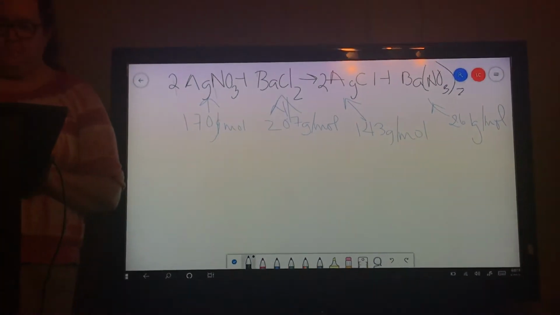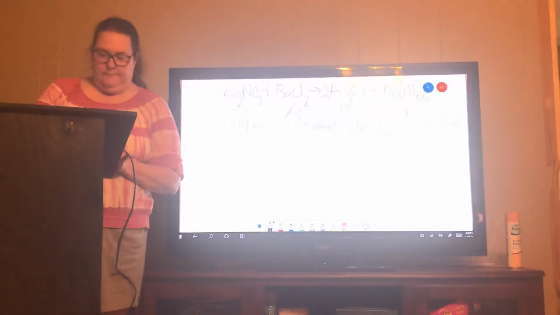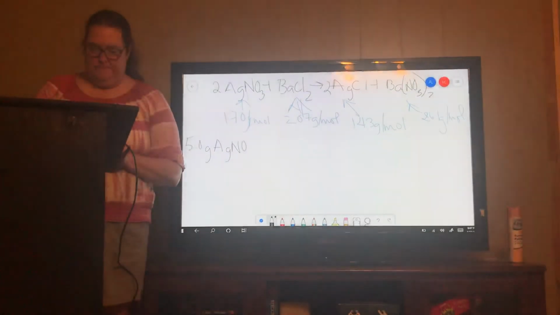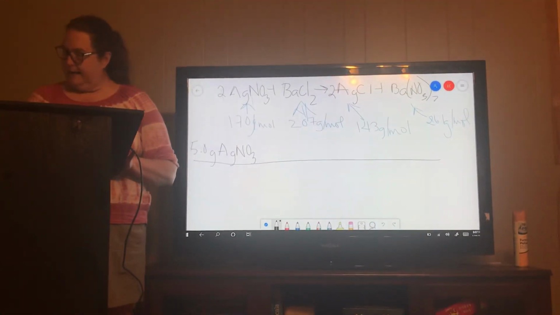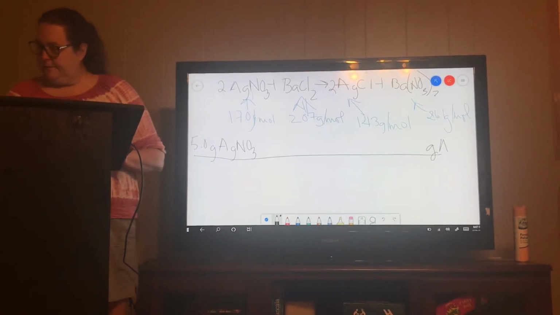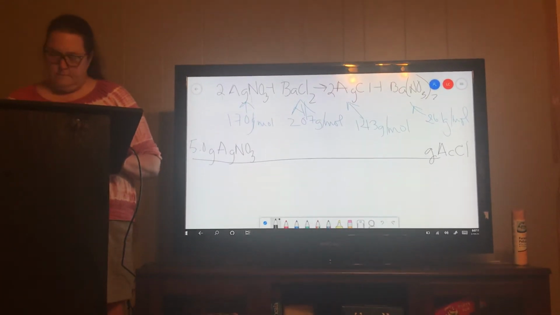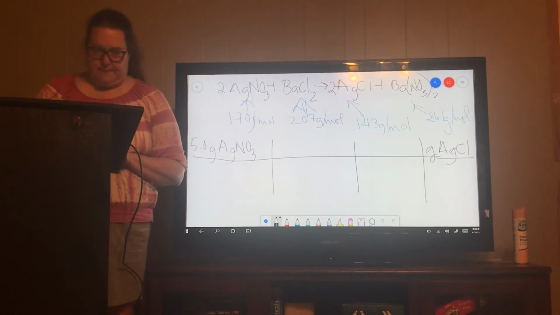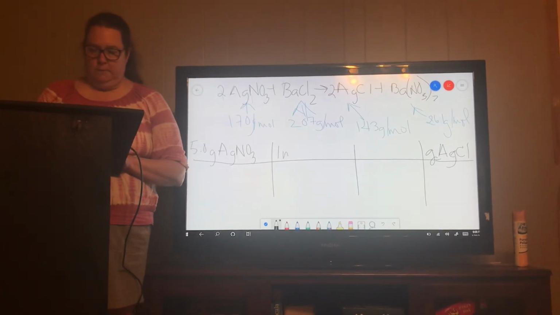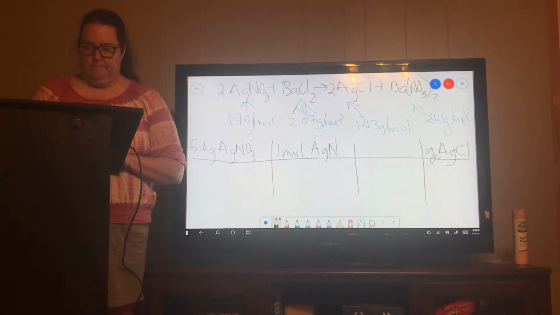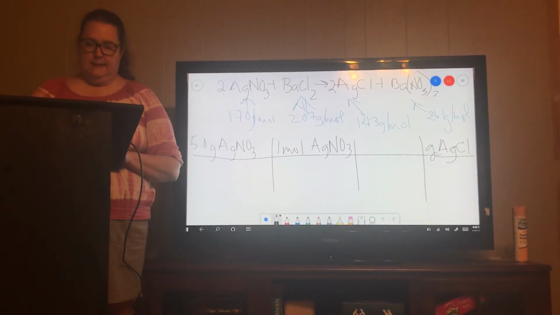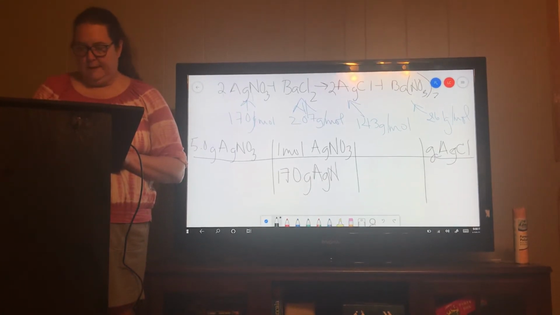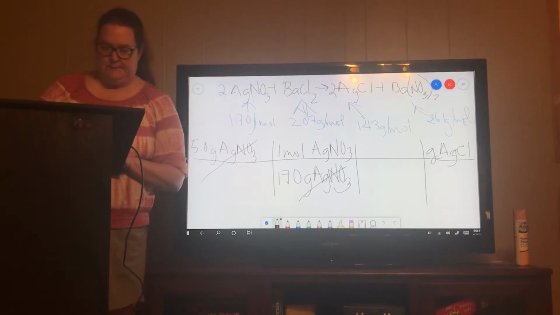So, the first question says I have 5 grams of silver nitrate. Okay, and I'm trying to get to grams of silver chloride. So I know that 1 mole of silver nitrate is 170 grams. That's the molecular mass. So this gets rid of grams.